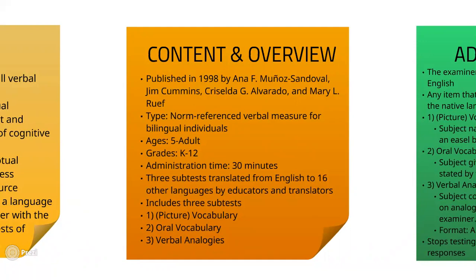The test is for ages 5 through adult and grades kindergarten through 12th grade. The administration time is approximately 20 to 30 minutes, depending on the child's age and language proficiency. The test has been translated from English into 16 other languages by educators and translators.